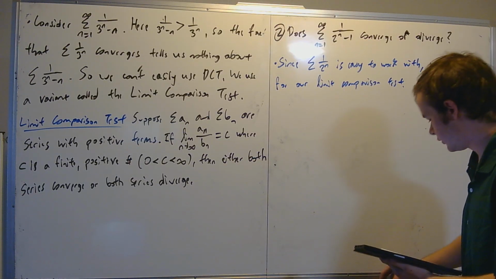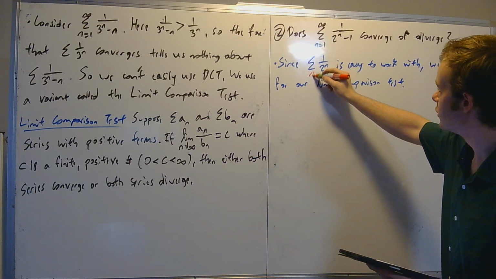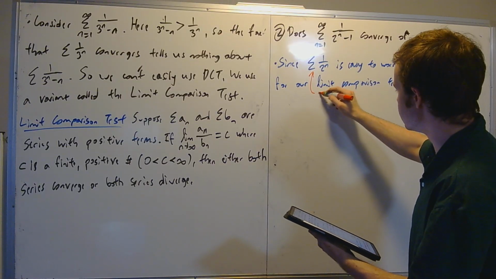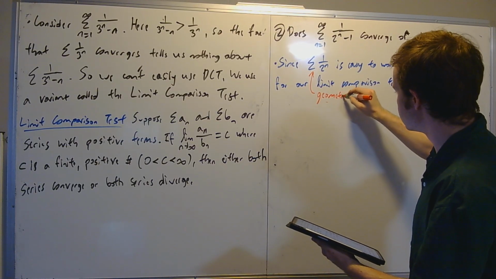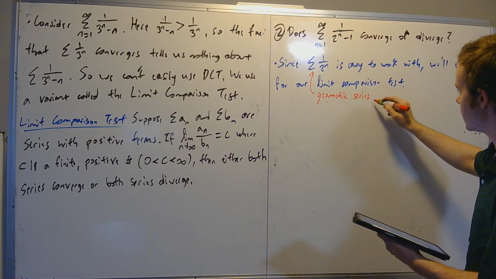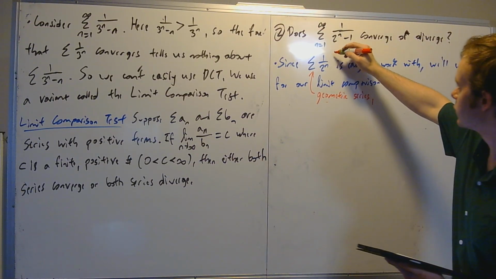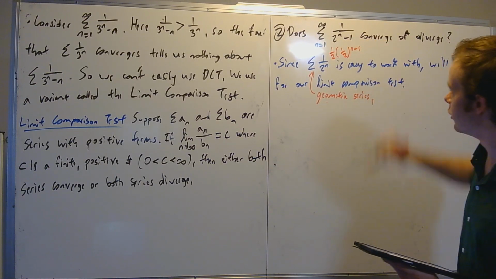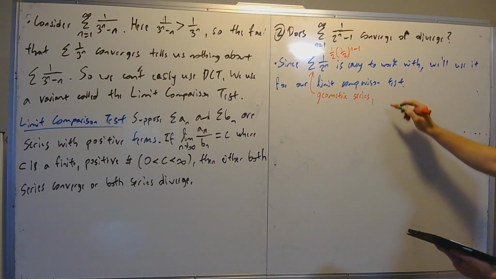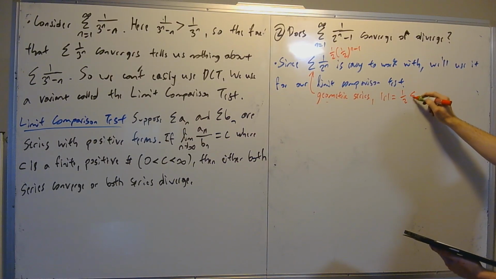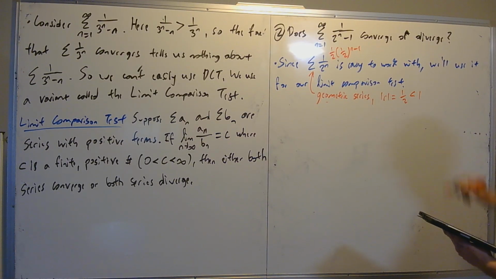So notice here that this 1 over 2 to the n is a geometric series, because remember we can rewrite this as 1/2 times 1/2 to the n minus 1. So here we're going to get that the absolute value of r is equal to the absolute value of 1/2, which is 1/2, which is less than 1, so it converges.